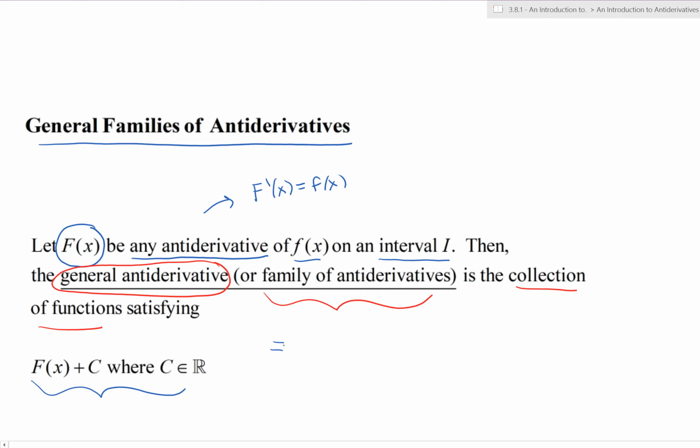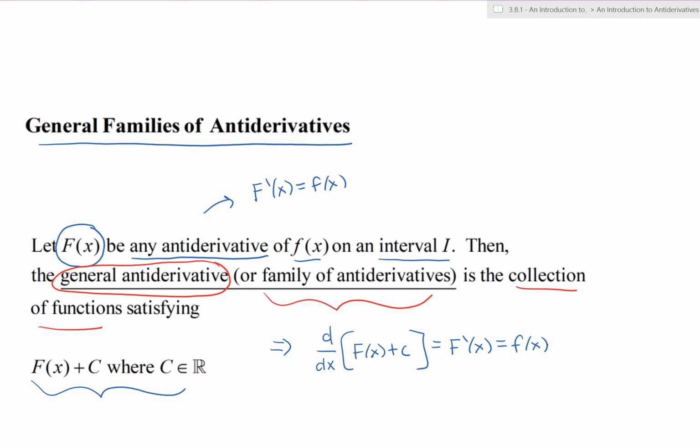In other words, if big F of x is any antiderivative of little f, and I differentiate big F of x plus some constant c, then I will always just get big F prime of x, which is always equal to little f of x.